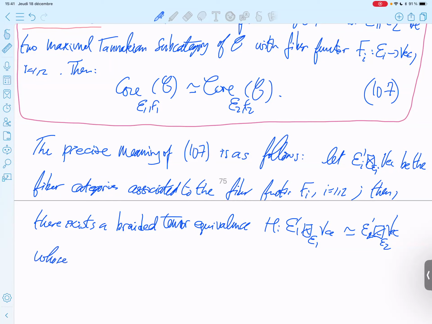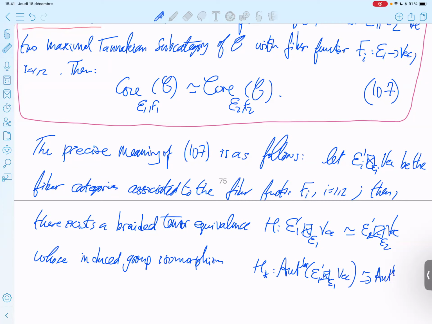So whose induced group isomorphism H star, from that to that, maps this group to this group.